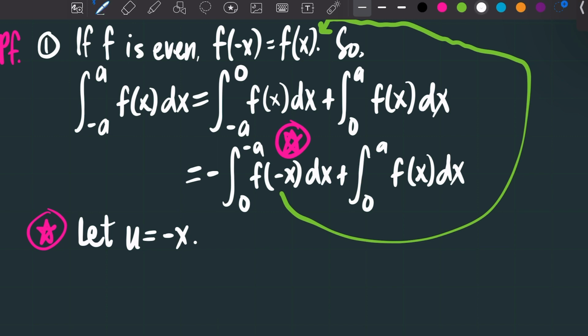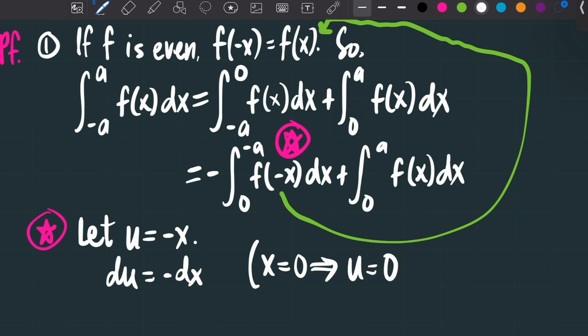So, if we let u to be equal to negative x, then du natin would be negative 1 times dx, which is negative dx. Tapos, for the bounds, if x equals 0, yung u natin would be negative of 0, which is 0. Tapos, if x equals negative a, yung u natin becomes negative of negative a, which is a.